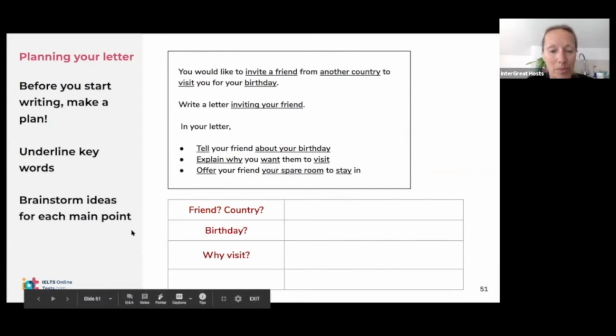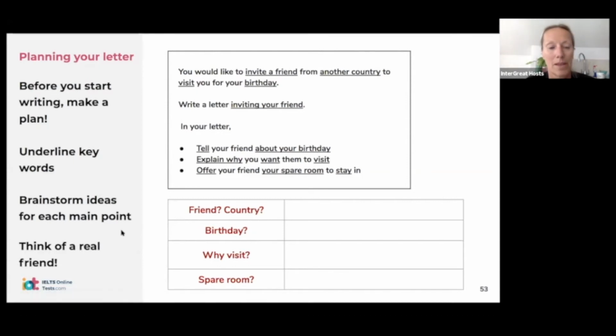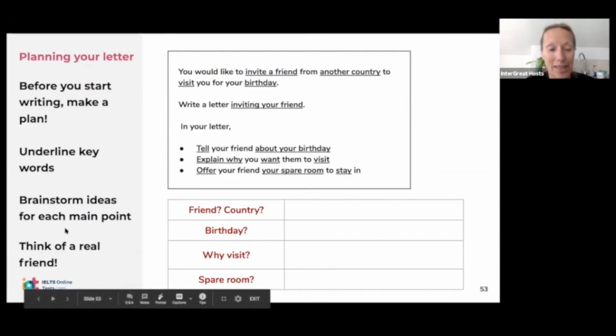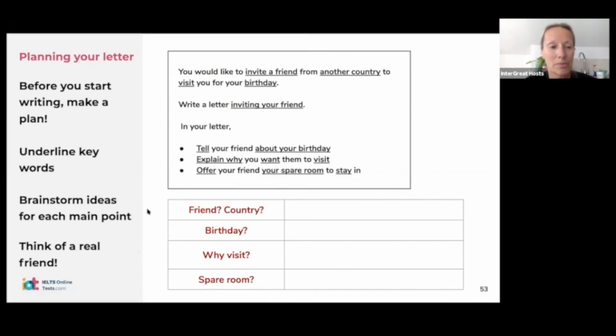The other main points: birthday, why visit, spare room. And it's a good idea to think of a real friend. It just makes it a lot easier. So we've got Maria from Greece, who's a friend from college. Birthday.